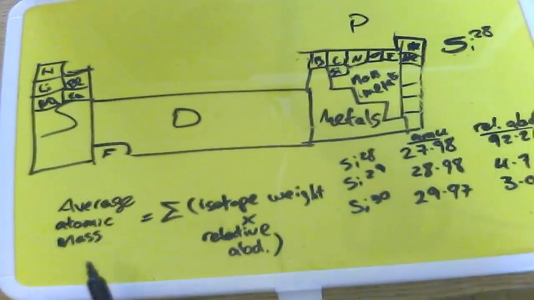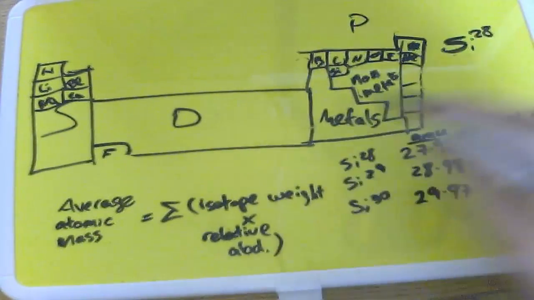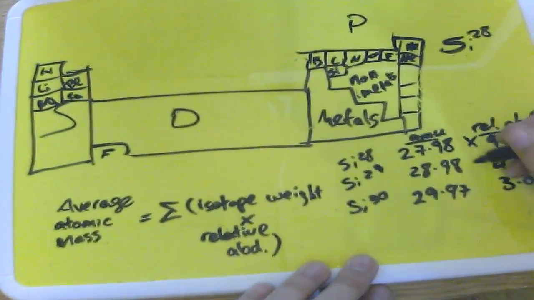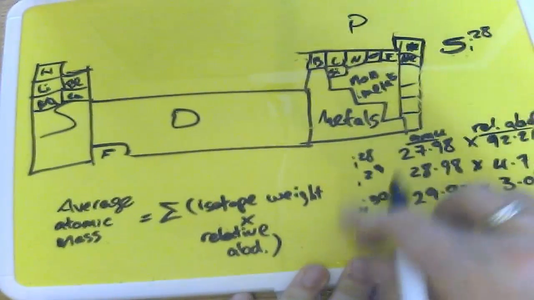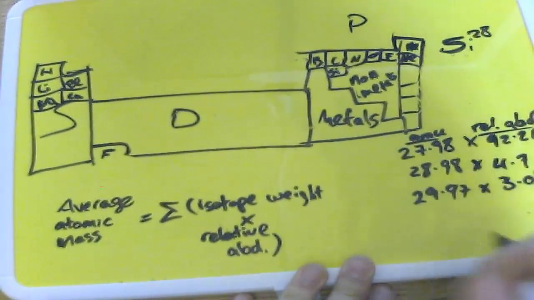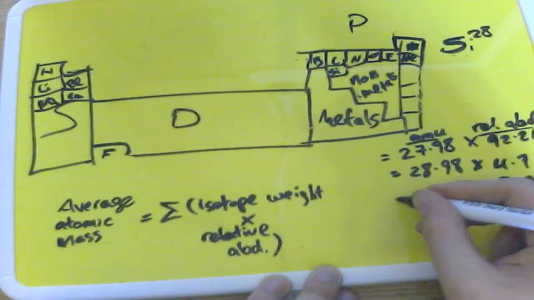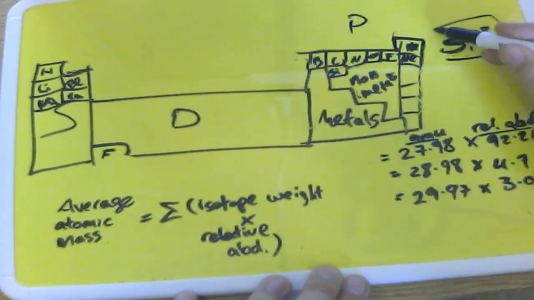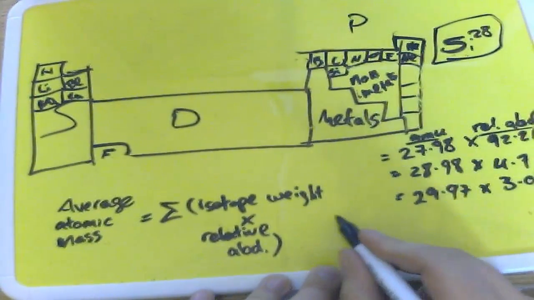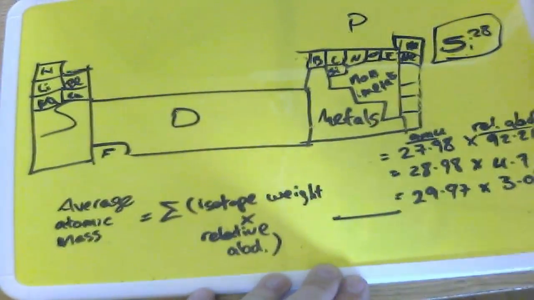Okay, so to get the average atomic mass, you have to multiply all these out. I'll move these because you know it's 28, 29, 30, just to make space for ourselves. Just want to make sure that we know we're dealing with this one. Okay, next you're going to get your calculator out.